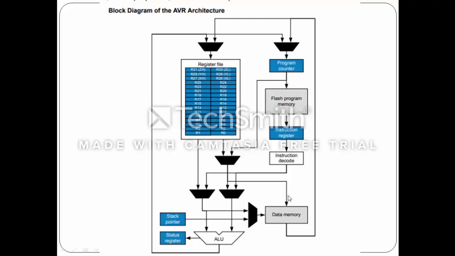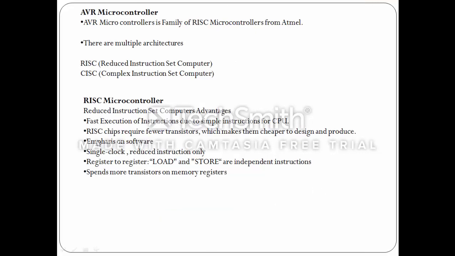Now let's see the functions of these blocks. As we discussed, in AVR architecture there are a few components like registers, instruction set, IO ports, memory, flash, RAM and ROM, and CPU. Now we will see the functions of these components.